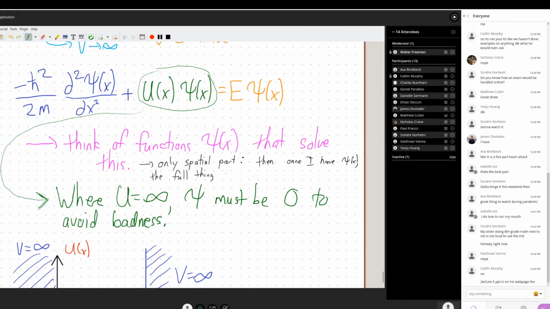The full thing, psi of x and t, equals the spatial part, which we're about to figure out, times the time part, a e to the i energy over h bar times t. Does that help, Caitlin? Yeah, thank you. Sure.